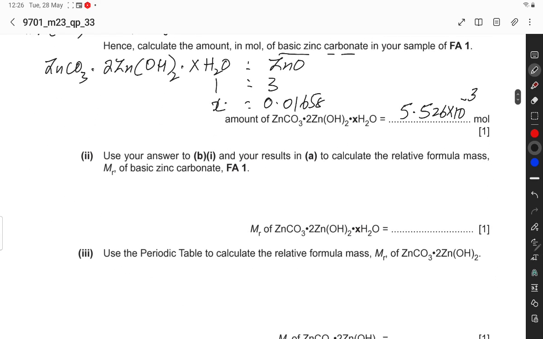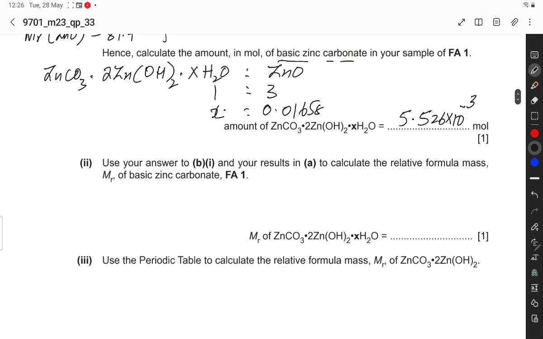So using your answer to B1 and your result to A, calculate the relative formula mass Mr of basic zinc carbonate. So Mr, we know that Mr is equal to mass over mole.